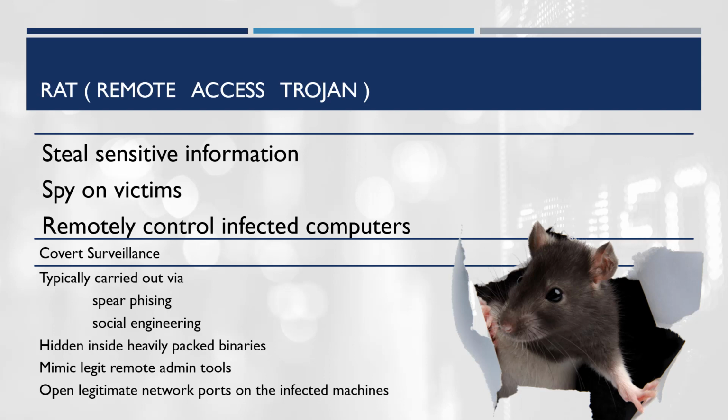A remote access Trojan is a toolkit, a software program designed to provide the capability of secretly doing surveillance or gaining unauthorized access to the target system.